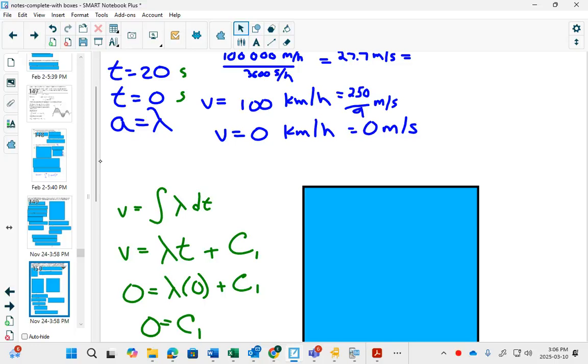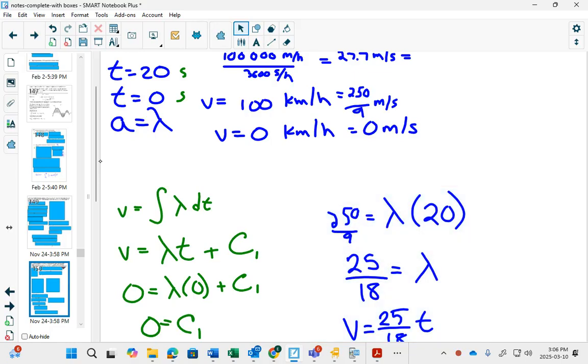Can I figure out what c1 is? Yes. Because I know my initial velocity was 0. So if I plug that in, I can figure out that c1 has to be 0. I also know that after 20 seconds, my velocity is 250 over 9, and now I have something set up.